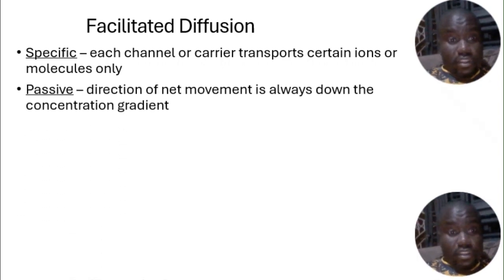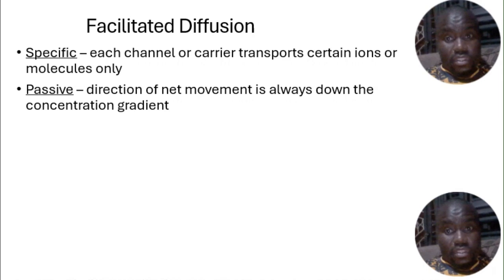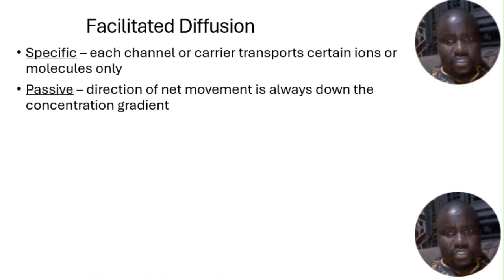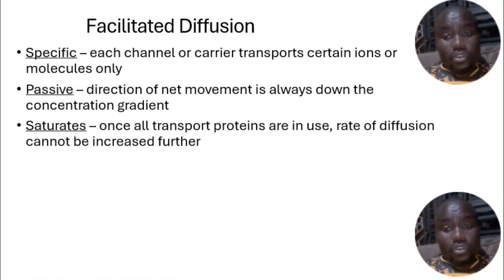Then this is also similar to the random movement in simple diffusion, in that it is passive. There is no energy that is used. What directs the movement is the concentration gradient, but there is help of carriers and channels. Also, the other difference with simple diffusion and osmosis is that facilitated diffusion is saturable.